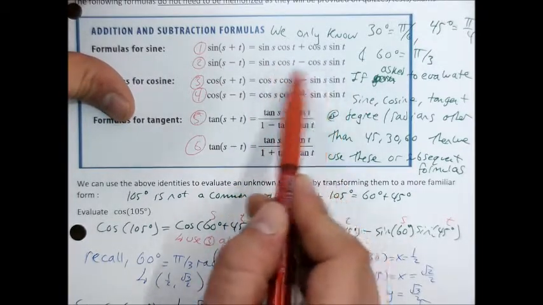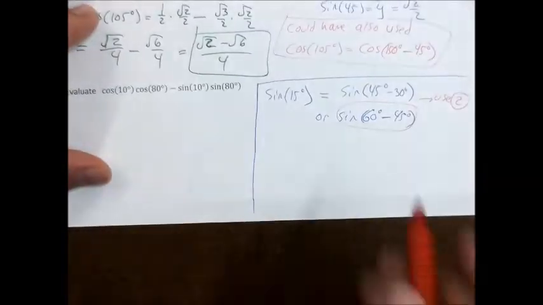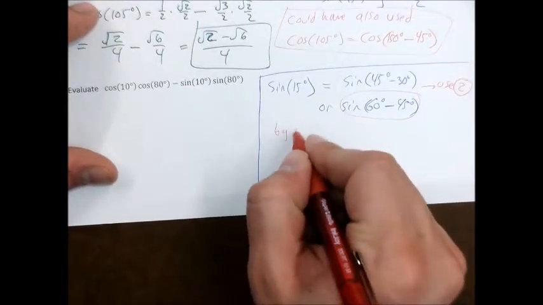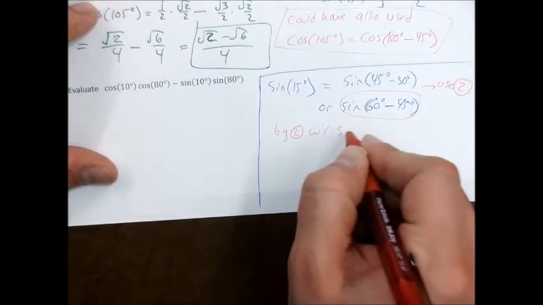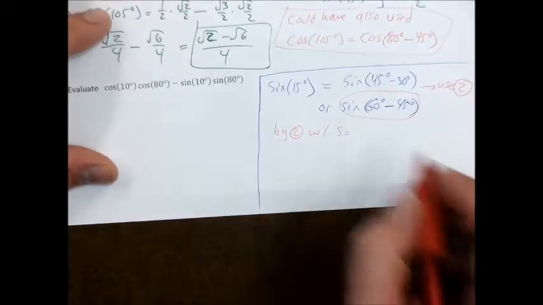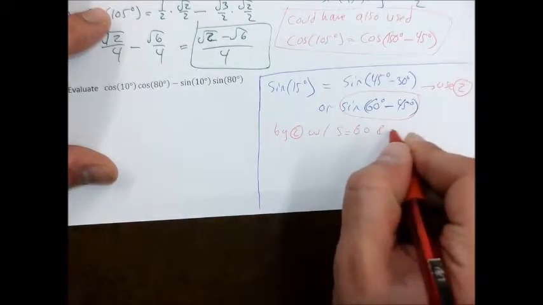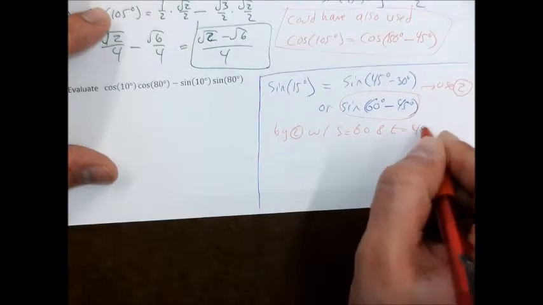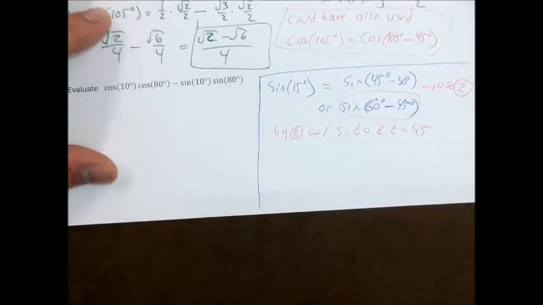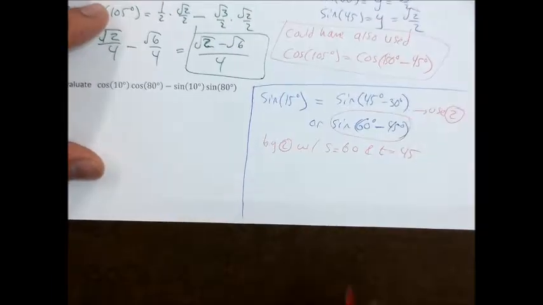So the sines and cosines get mixed up in this one. And so by 2, with s being 60 and t being 45, we could come up with the following.